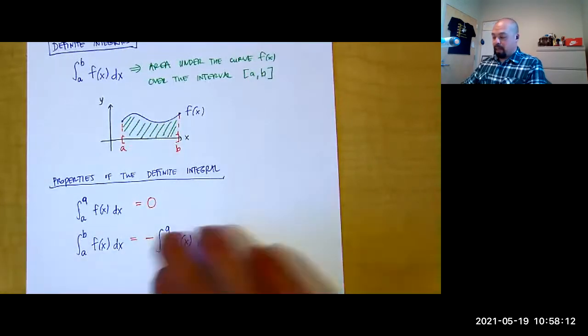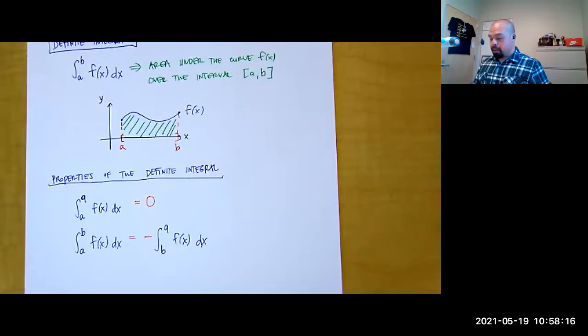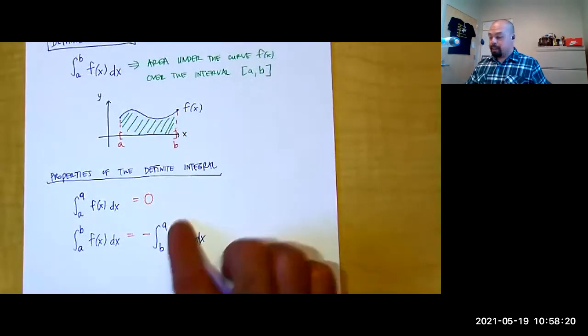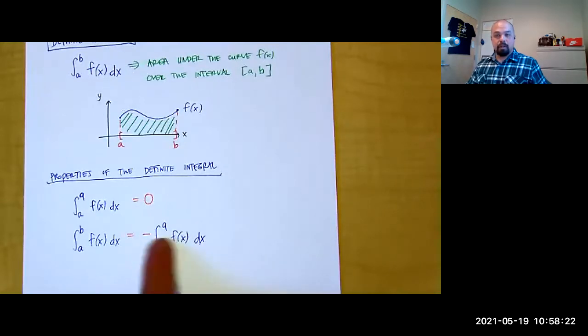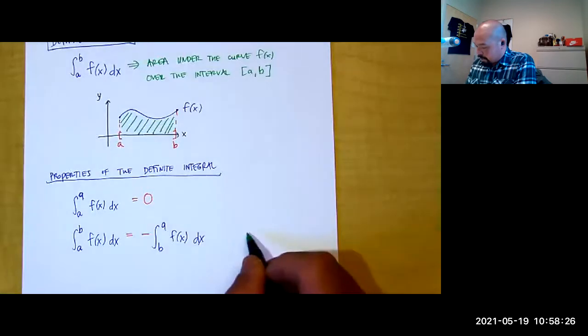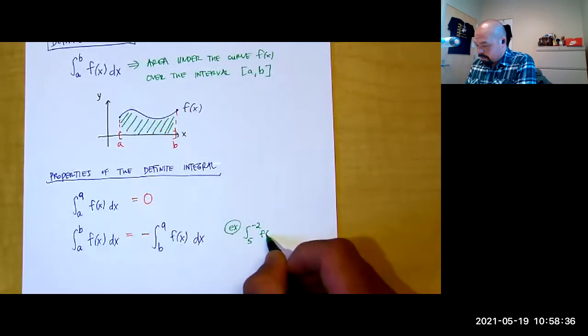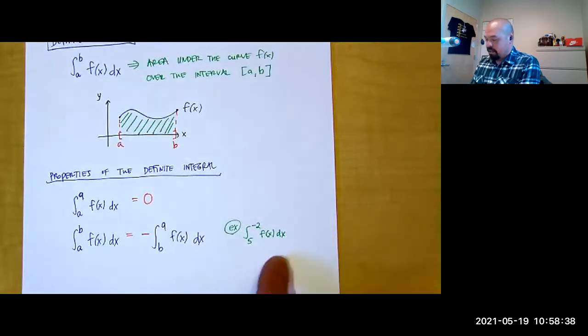And so when we start to see if we might need to change those limits of integration, change the order, we can do so. But whenever you change the order of your limits, that negative shows up. Okay. So for example, if I was to take this integral from 5 to negative 2 of our f of x dx, but that will be x squared dx, right?